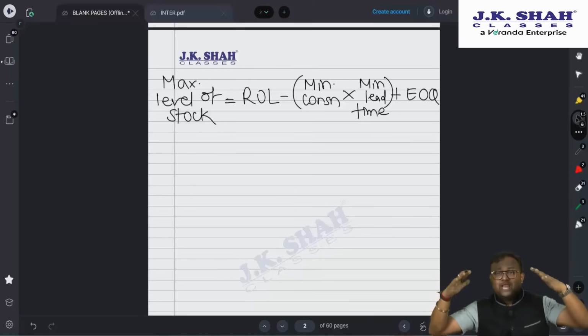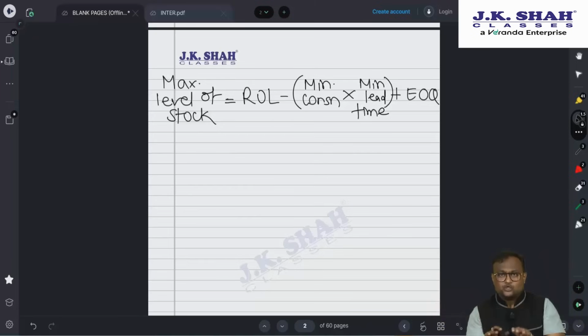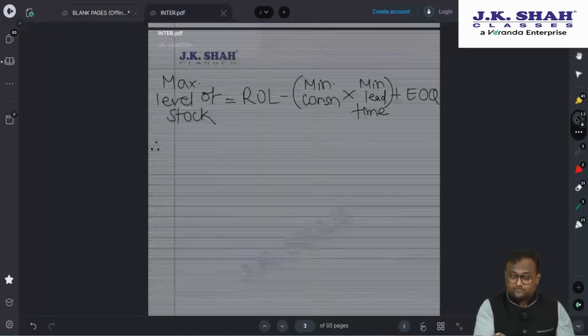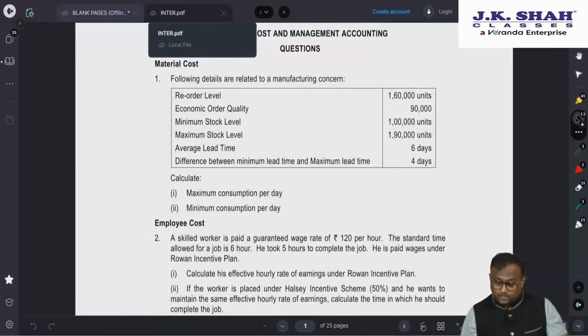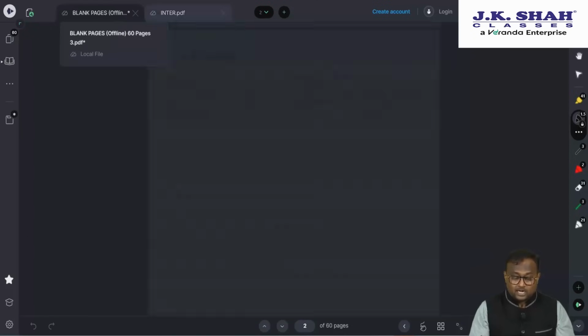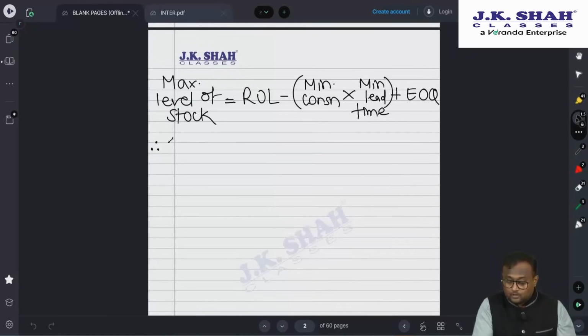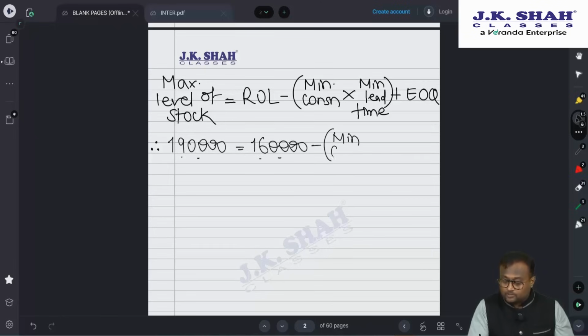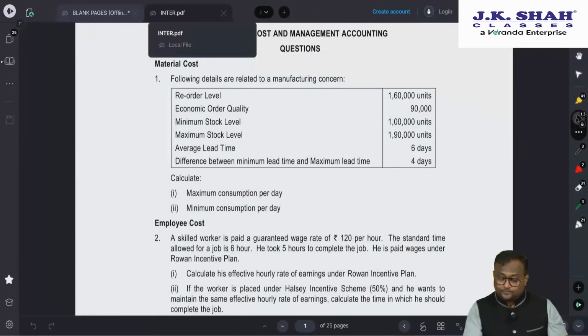If you consume minimum, your stock will be maximum. If you consume less, you will be left with more. How much is maximum level of stock? 1,90,000. Reorder level is 1,60,000. Minimum consumption is something that I don't know. Minimum lead time is 4. And how much is EOQ? 90,000.